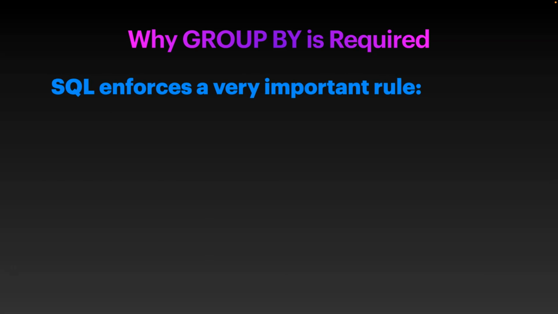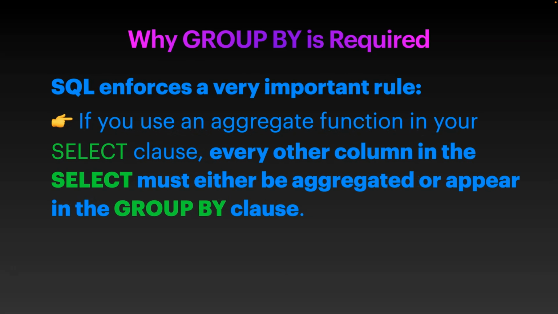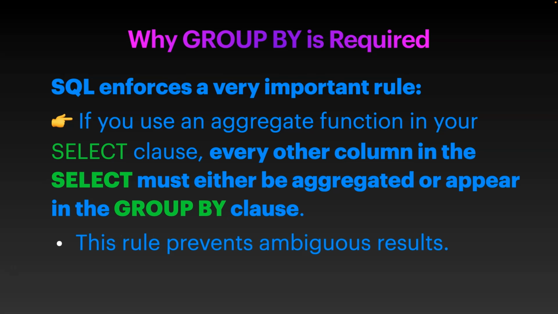So why is it required? SQL enforces a very important rule. If you use an aggregate function in your SELECT clause, every other column in that SELECT must either be aggregated or appear in the GROUP BY clause. This rule prevents ambiguous results.